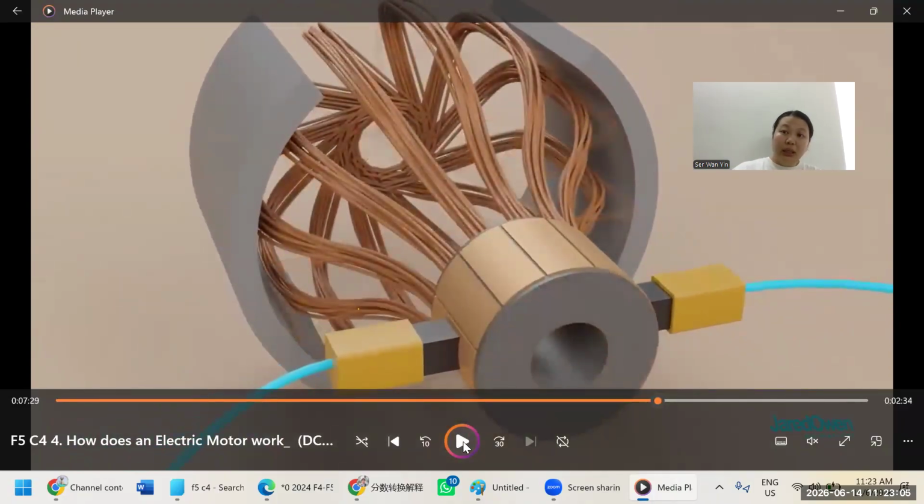Finally, like this, more numbers of turns of coil and more commutator.